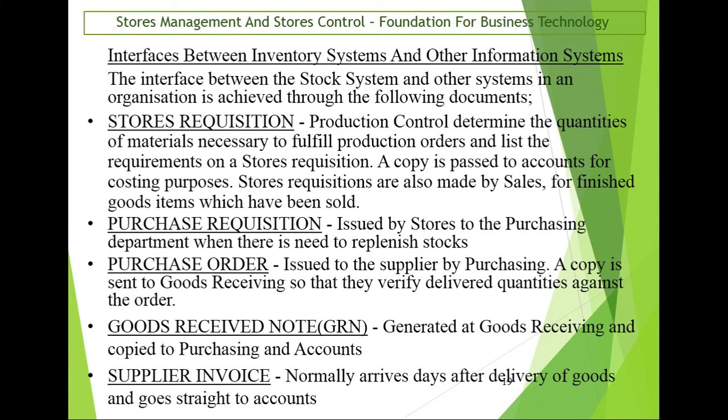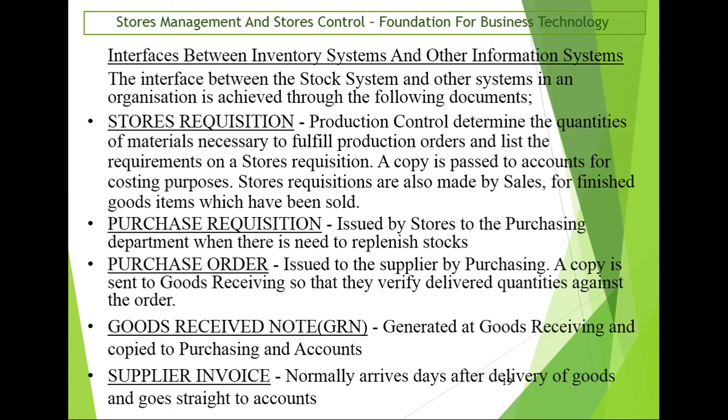In our discussion of the system, we said it is possible to simply pick up the phone and call a supplier and tell them to deliver some stock, but that does not leave any record. So we need an official way of communicating this request. So that purchase order is the official way of communicating our company's request to a supplier to provide us with the stock that we need.